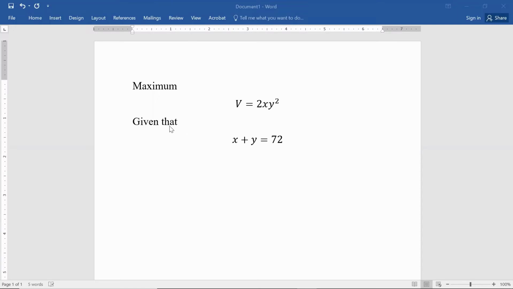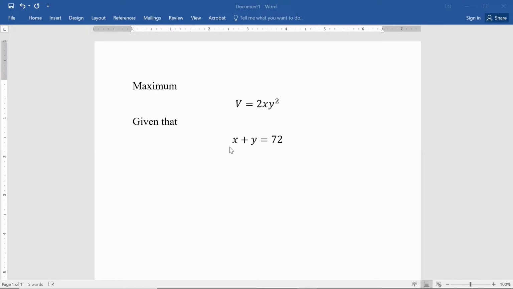Since we're given x plus y equals 72, that puts some constraints on x and y. So this x plus y equals 72 is often called the constraint equation. Since I have volume equals 2x times y squared, that has two variables in it, both an x and a y.